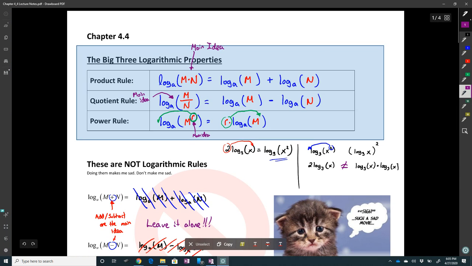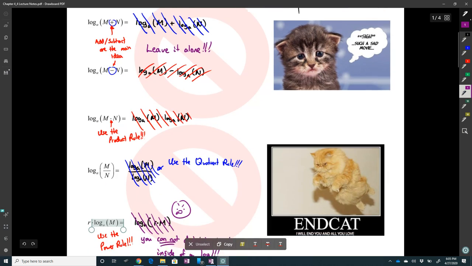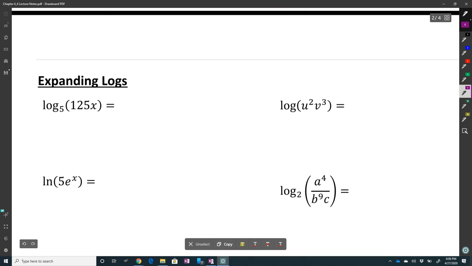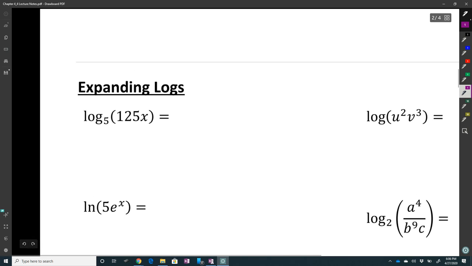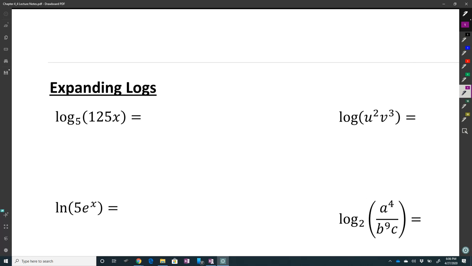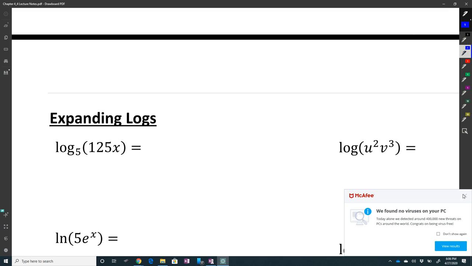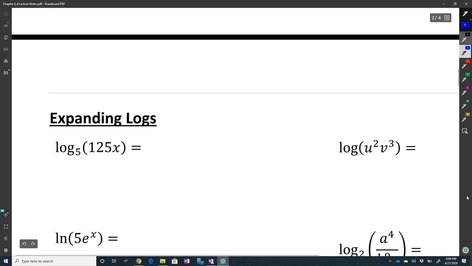Anyway, let's go ahead and do our first examples, the main things we're going to do in this section. So the first thing we're going to do is what's called expanding logs. And so what you're going to do is you're going to use the power, product, and quotient rule to make each log as long as possible.